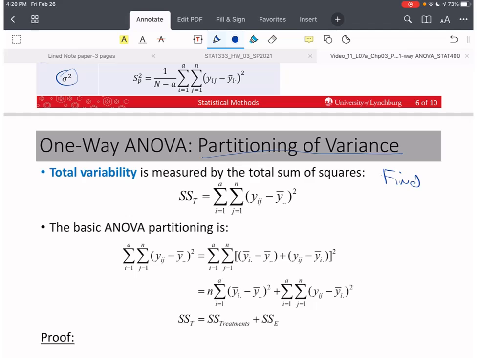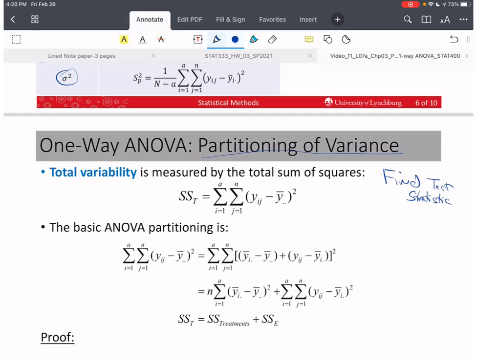So far we've gone over the hypothesis statement and the model that we're using, and the second step after the hypothesis statement is the test statistic. So we're wanting to find the test statistic for this experiment. And we're going to do that by analyzing the variance. And we'll see how when we get to the end of this.